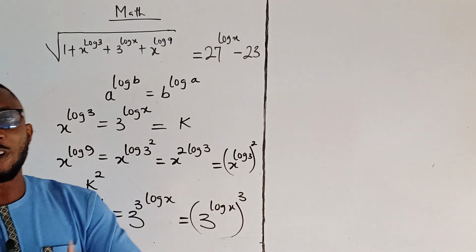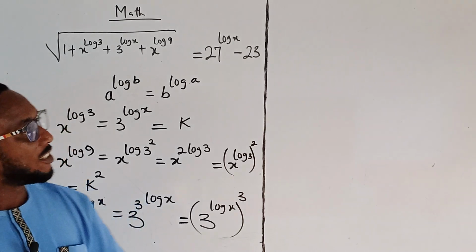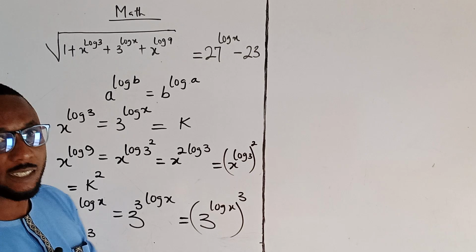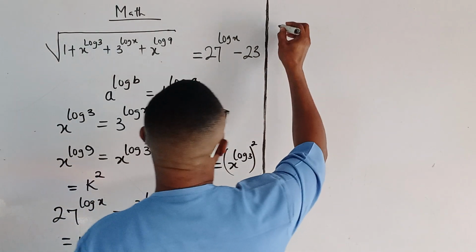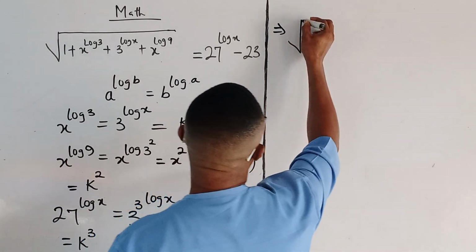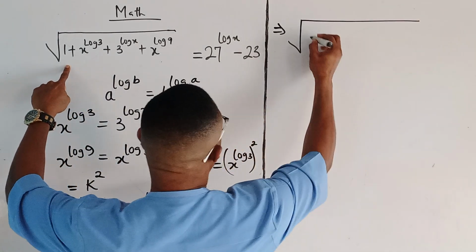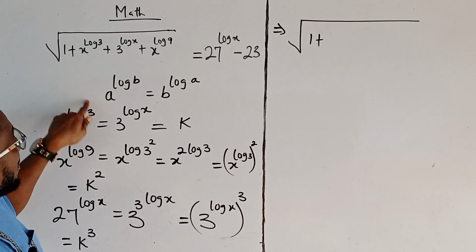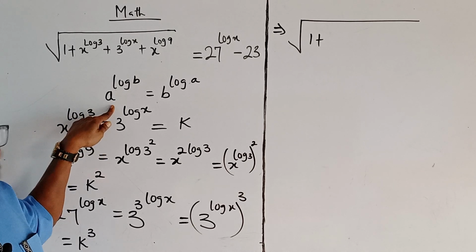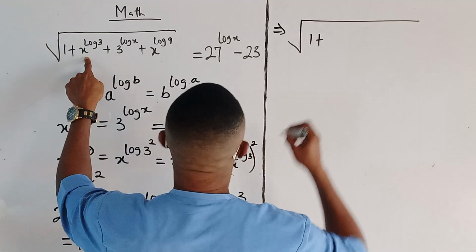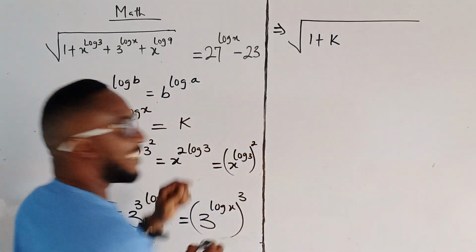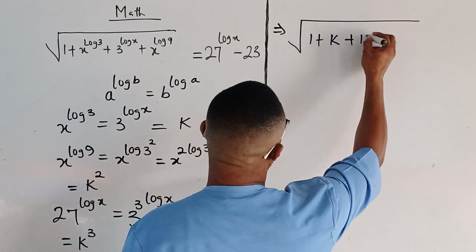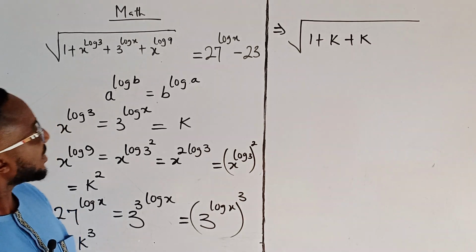So having refined the radicands, I can then put them in the radical sign, which is the square root. So from what we have done, I will now take 1, then you look here that s power log 3 is equal to 3 power log x, which is equal to k. So for s power log 3, I write k. Then again, for 3 power log x, I also write k because they are the same from this theorem.